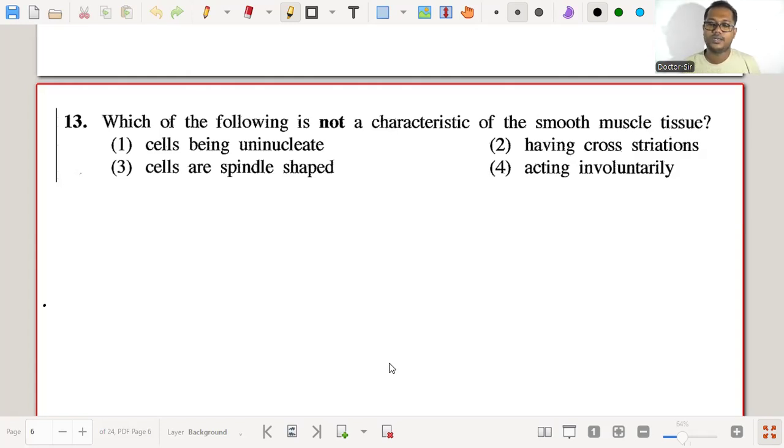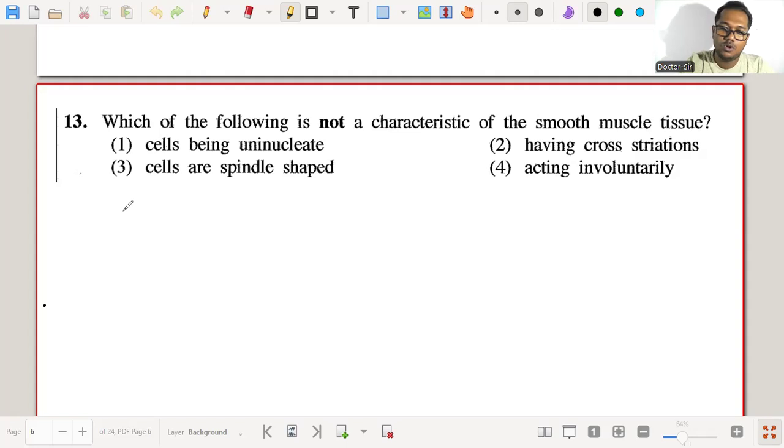Please try to put the correct answers. Whether your answers are correct or wrong, no issue. You can send them directly to the chat box. So we will move on to the discussion part.